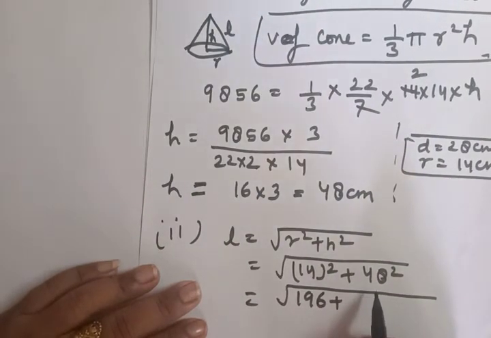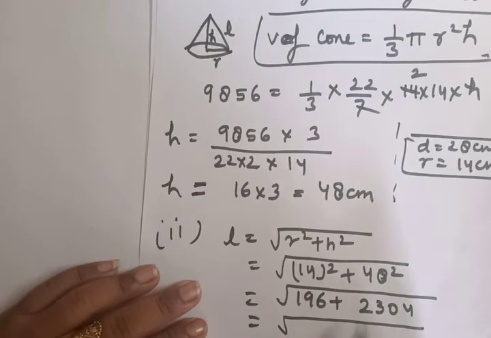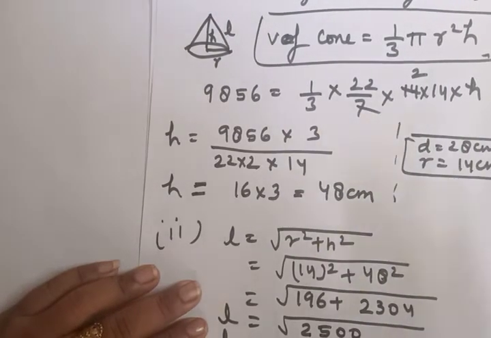The square of 48 is 2304, and adding this we get 2500. So L is the square root of 2500.